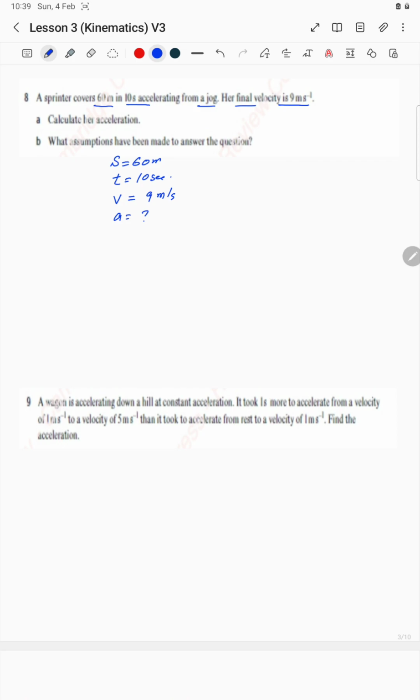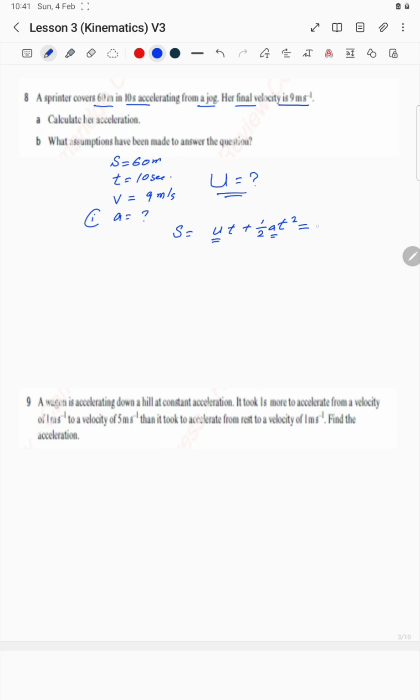As it is not clear in the question what u will be, we have to find this first. So we can apply the rule S is equal to ut plus half at squared, but here we don't have a.